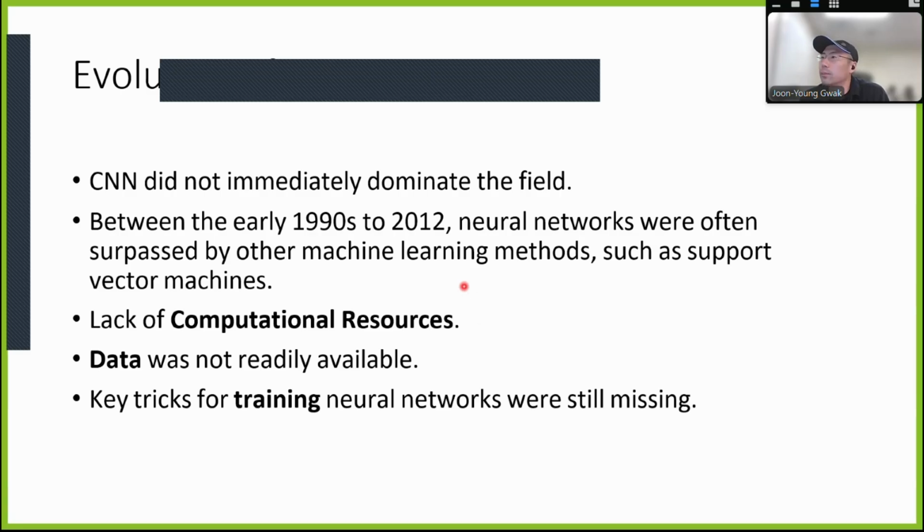So neural networks were conceptually there, but other more theoretically elegant machine learning methods, such as support vector machines, were more mainstream. And also some key tricks in updating the weights of the neural network were not there. Some of them we will go over during the deep learning part of this lecture, which were later developed and enabled deep learning to become more mainstream.